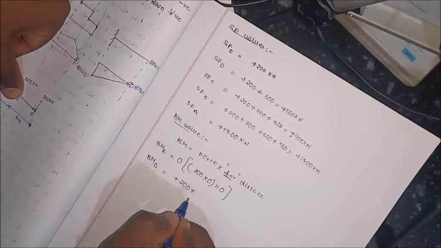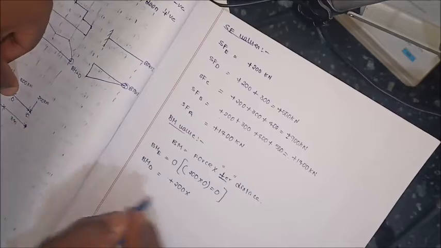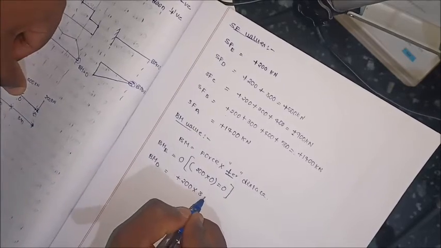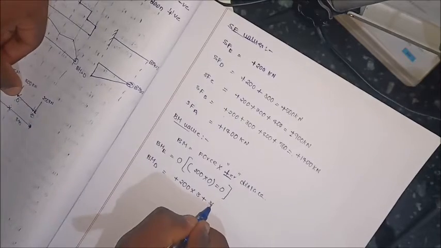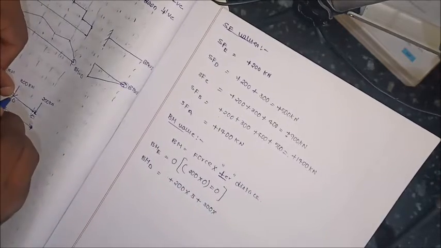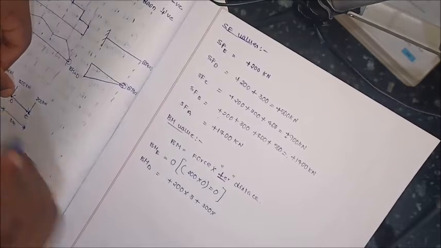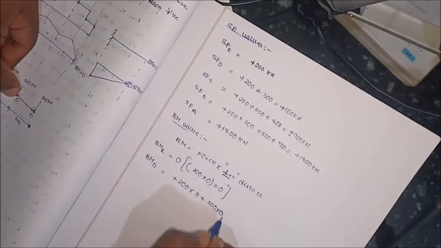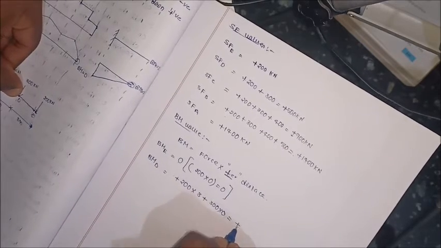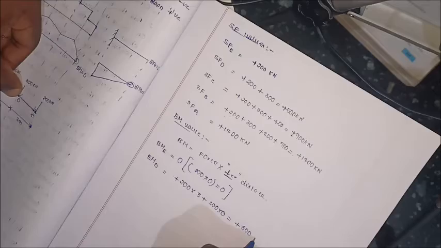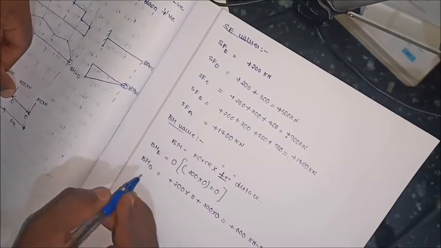The perpendicular distance is 3 meters, plus 300 into a distance of 0, because we are considering the same point. So that is 200 into 3, the positive 600 kilonewton meter. This is the bending moment at D.